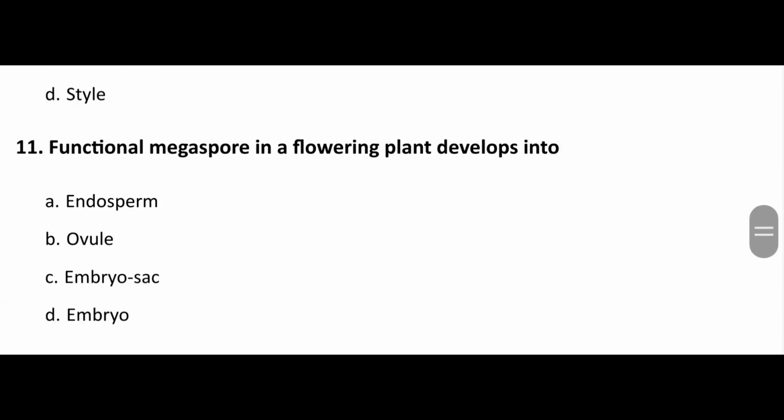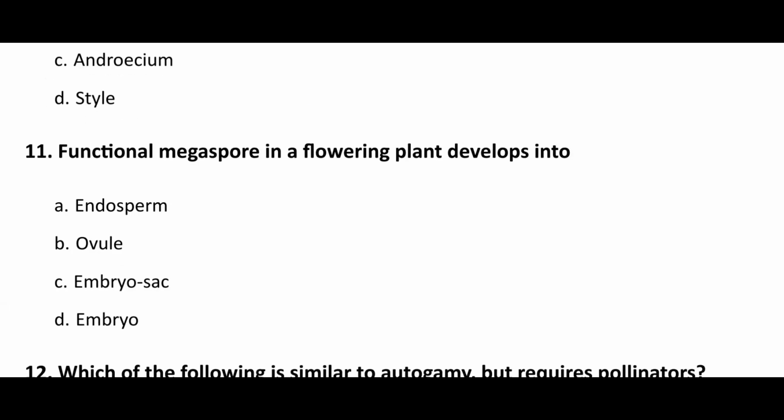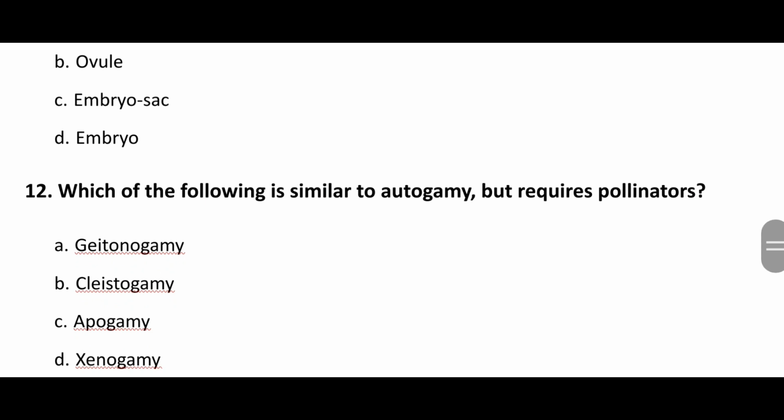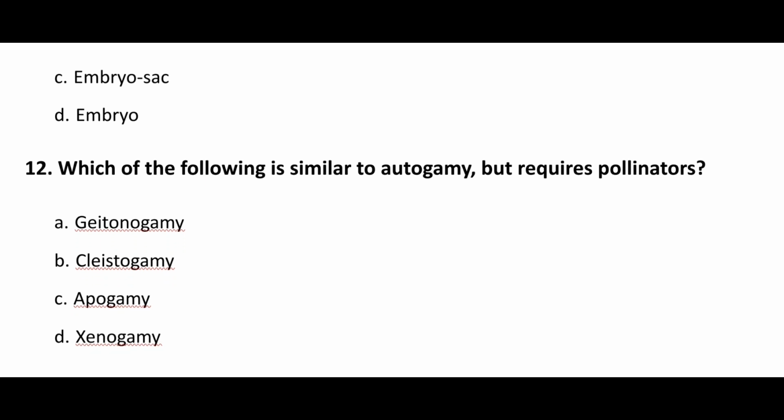Then question number 11, the functional megaspore in a flowering plant develops into, generally 4 megaspores are produced, from which 3 will be degenerated and 1 will remain as the functional megaspore, and that functional megaspore will develop into the embryo sac.